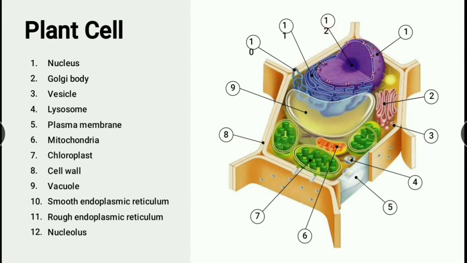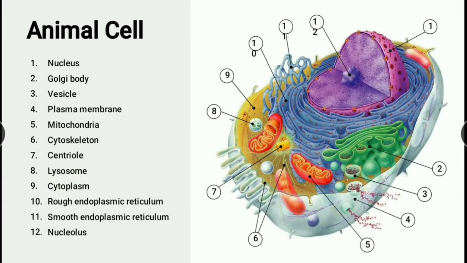In the plant cell, what is this protective boundary of the cell? It is called the cell wall. Can you see the 8th one? It is called the cell wall, whereas you cannot see a cell wall in the animal cell. So that is the major difference.